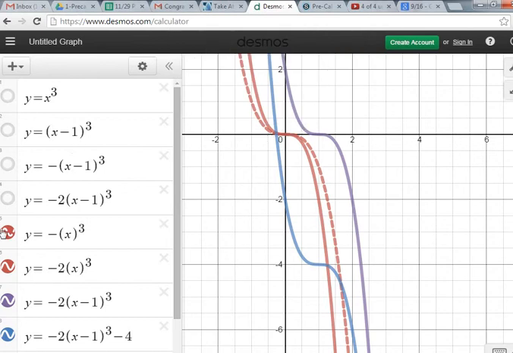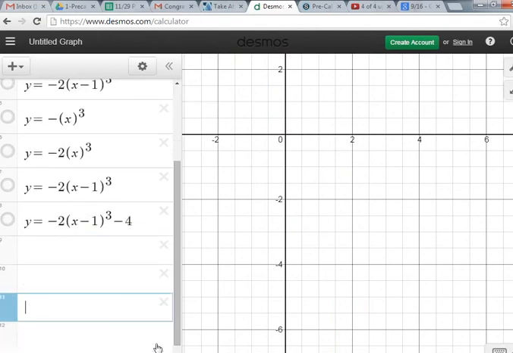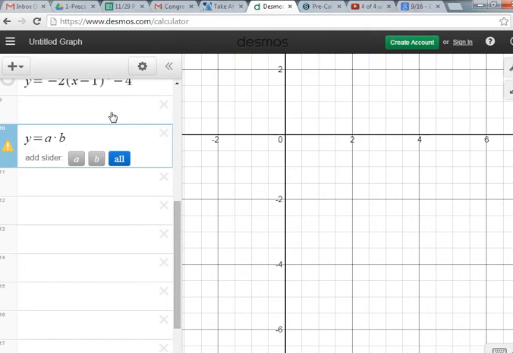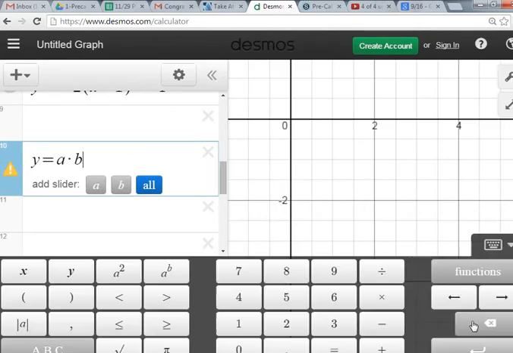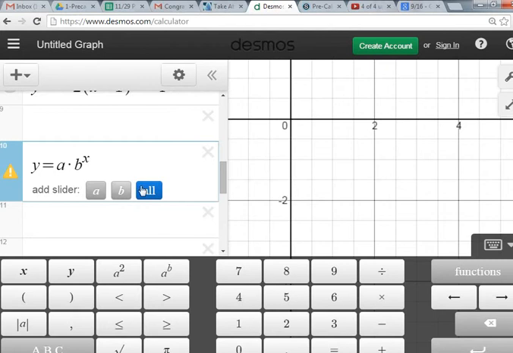Okay. Y equals, what is it? A times b to the x power. Okay. Now, let's say, remember, b has to be positive.